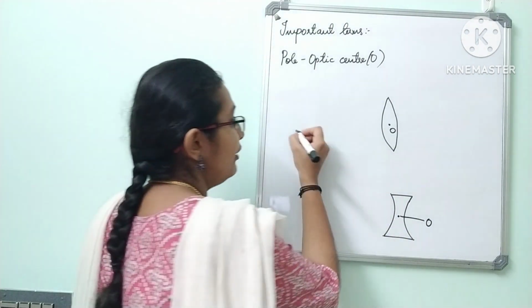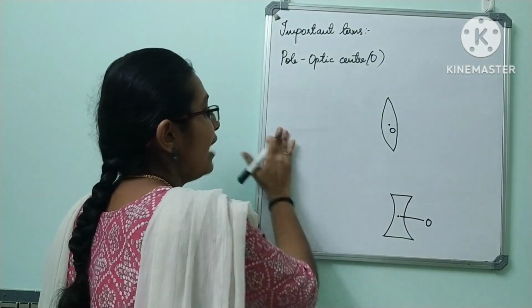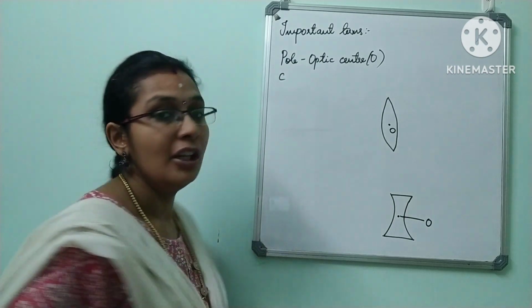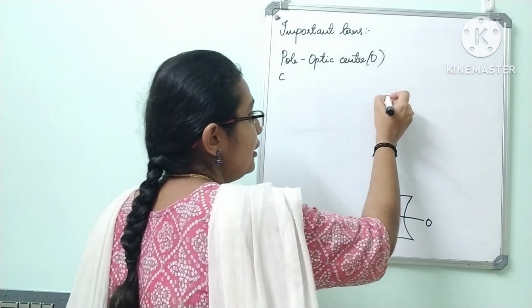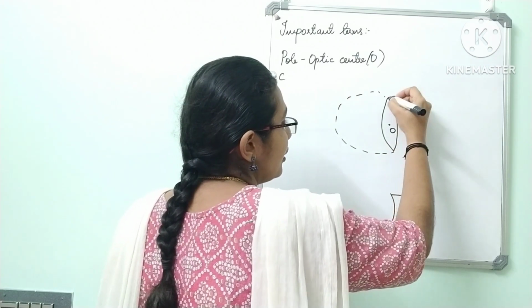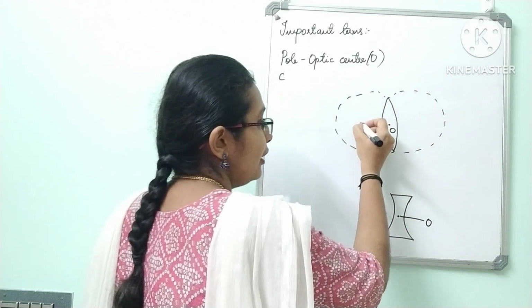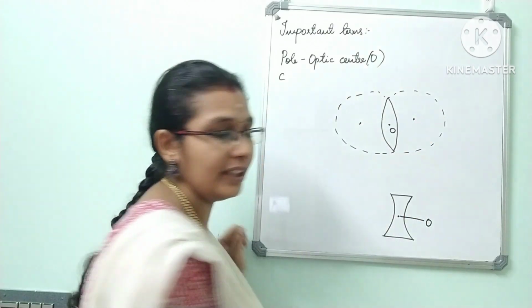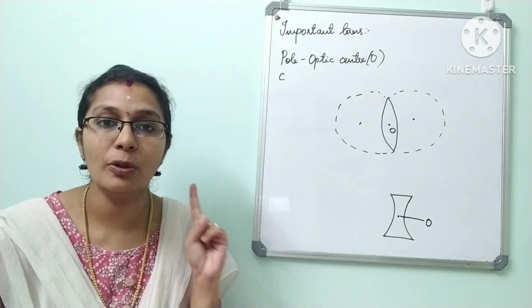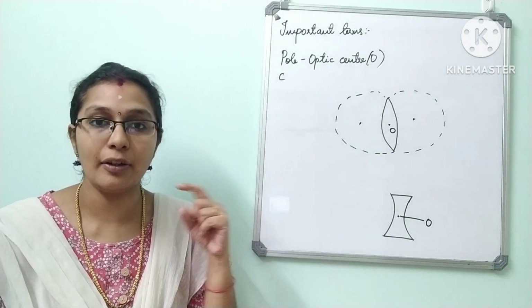Next, what we will draw is, wait, before the principal axis, we have the center of curvature, right? Here, if you see, you have two centers of curvature, because it is part of two different spheres. You have a center here and a center here, right? Whereas in a mirror, you have only one center, which is the center of a single sphere.